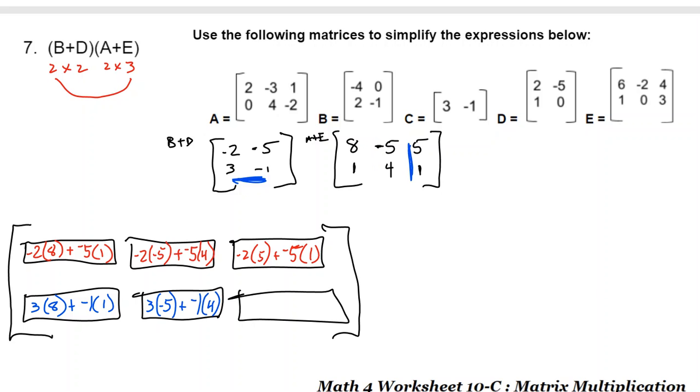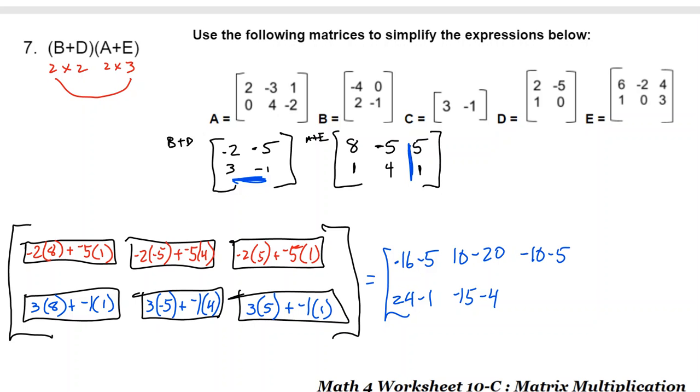And the last one, 3 times 5, negative 1 times 1. Which is going to give us negative 16 minus 5, and 24 minus 1, 10 minus 20, and negative 15 minus 4, and negative 10 minus 5, and 15 minus 1.